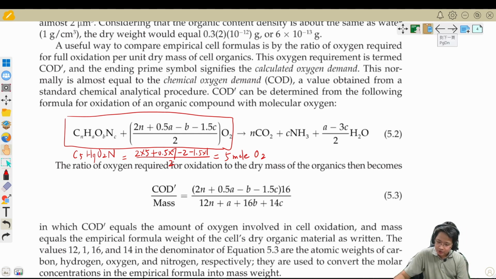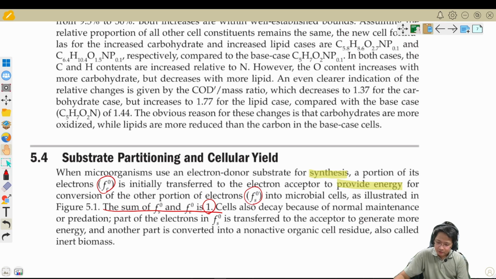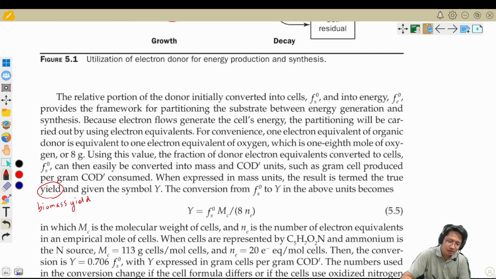So here we are understanding that to convert the cell yield, or we call biomass yield, we are coming from how much amount of COD we need to get how many grams of cells we produced.